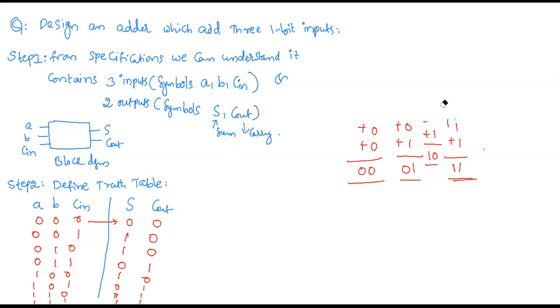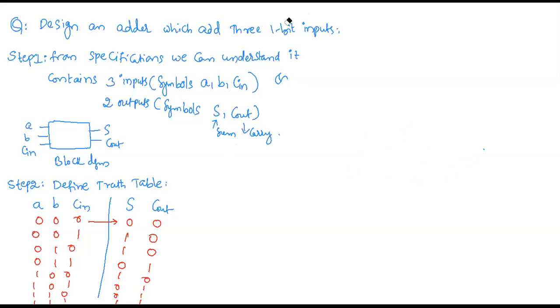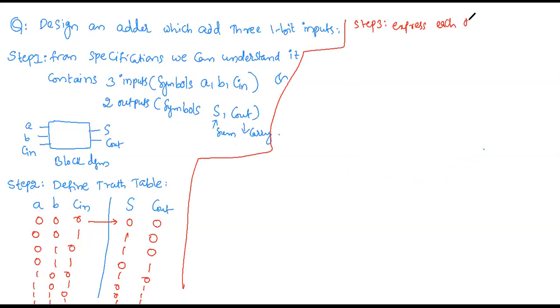Go to step 3. Express each output in terms of inputs. What are the outputs? S and C out. First S. Write S in standard SOP form.